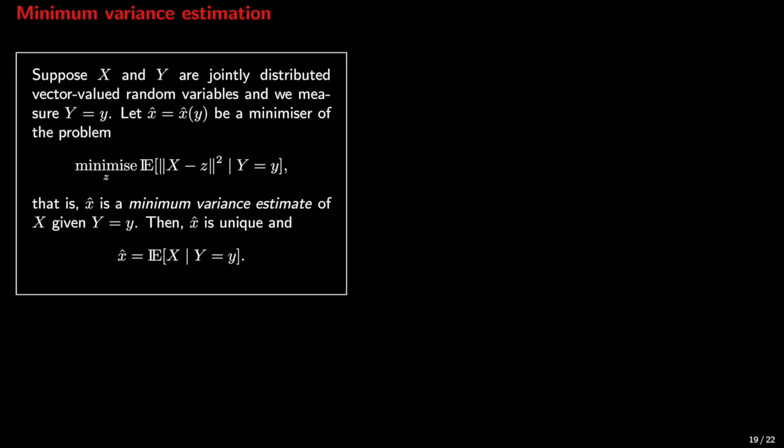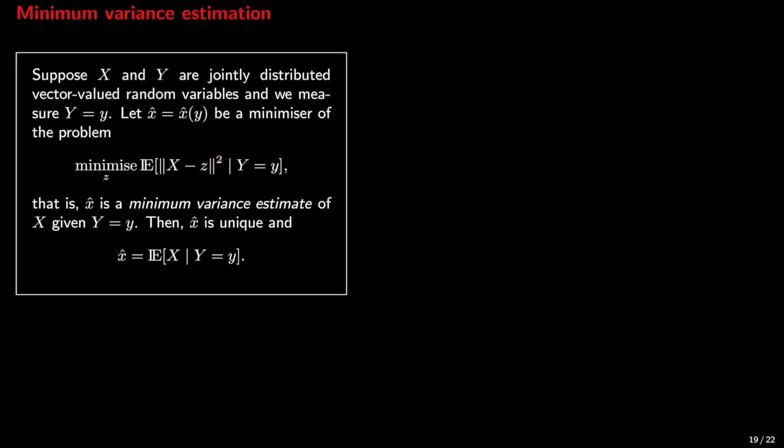Define little x hat of little y to be a minimizer of the following optimization problem. Little x hat attains a minimum conditional expectation of the squared norm of the deviation from the true but unknown random variable x, given that y is equal to little y.